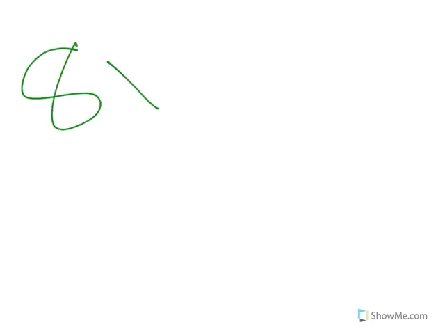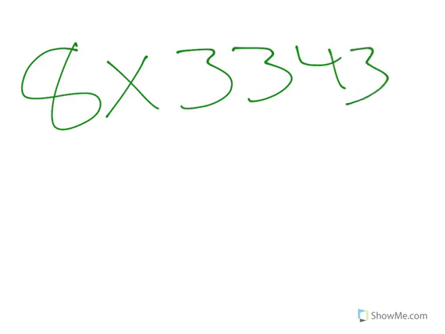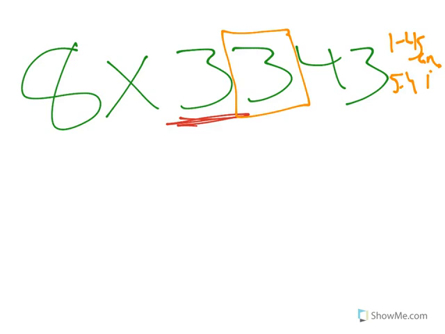So if I have 8 times 3,343. So remember, I'm going to find my highest place value, and that's the number I'm changing. I'm going up or down, so I have to use this number next to it. Okay, so if I'm using that number, 1 to 4 does what? Yep, you got it. Same. 5 through 9 up.